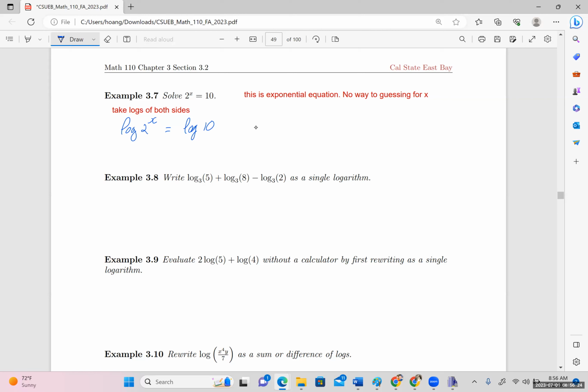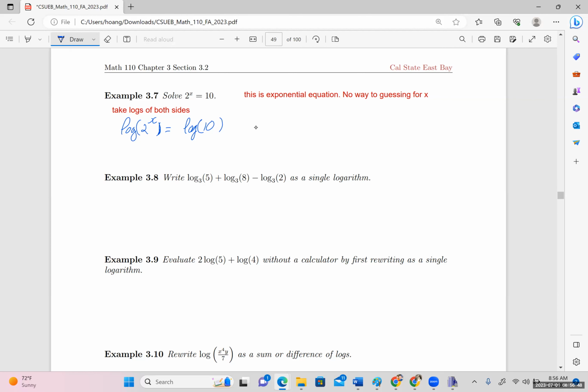All right. So as you see now, I make the parentheses to make sure, right? And you see now, I put the log on both sides. Don't say multiply by log on both sides. This is a wrong statement.